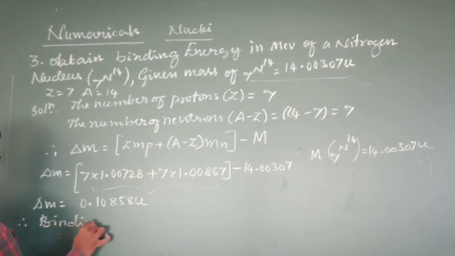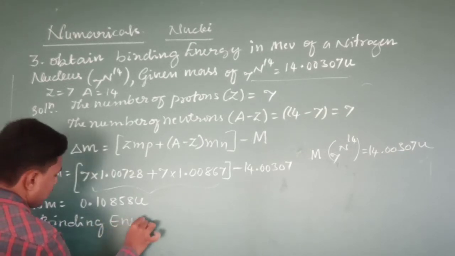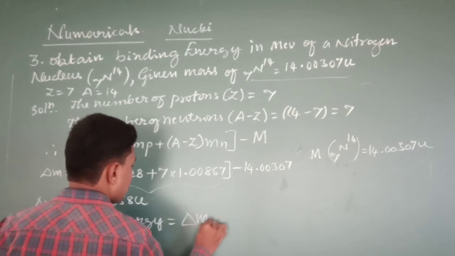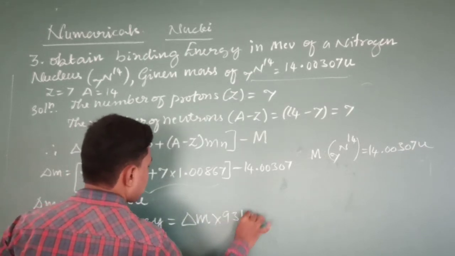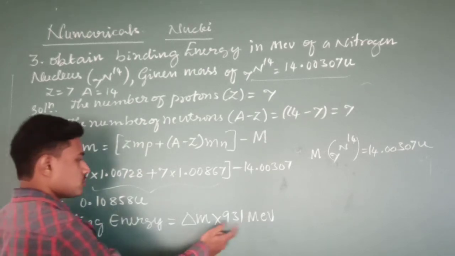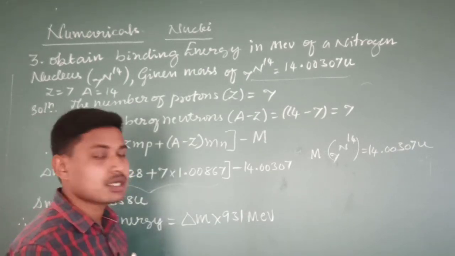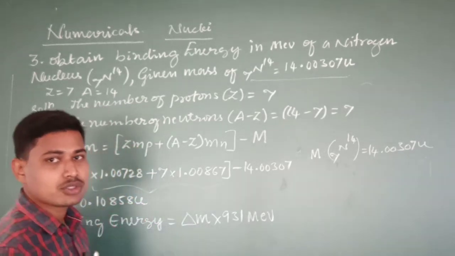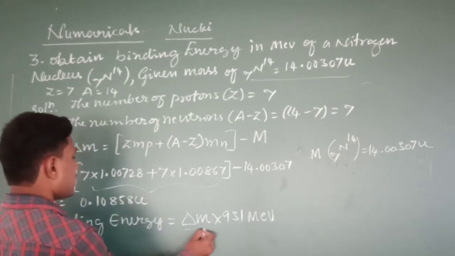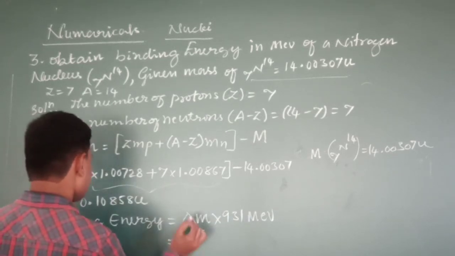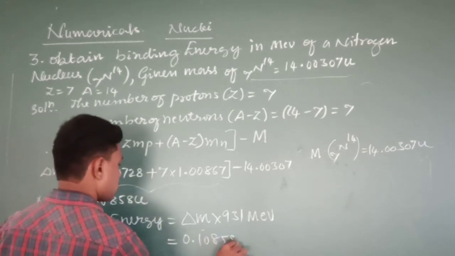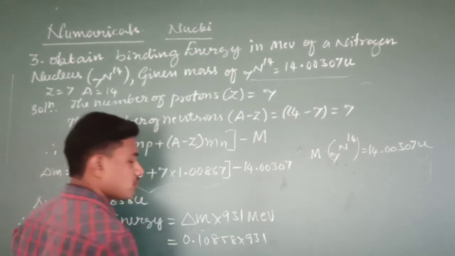Therefore binding energy is equivalent to mass defect multiplied by 931 million electron volt. Why? One atomic mass unit is equivalent to 931 million electron volts of energy. So so-and-so mass defect into 931 gives the binding energy. The mass defect is 0.10858, so 0.10858 into 931.